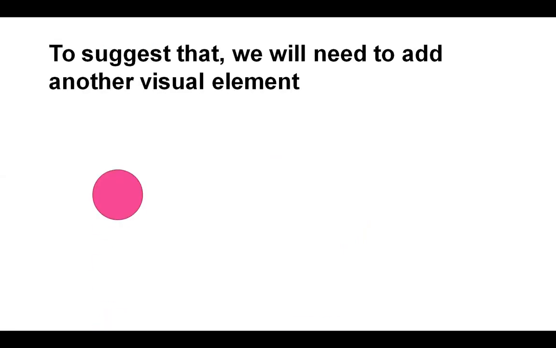By just looking at the two visual elements, at least you get answers to the questions, not so? You realize that this object is bigger than this one, and this one is smaller than this one, not so?